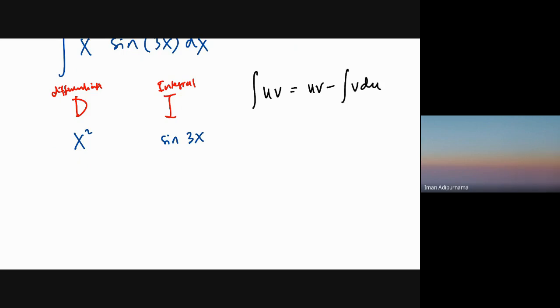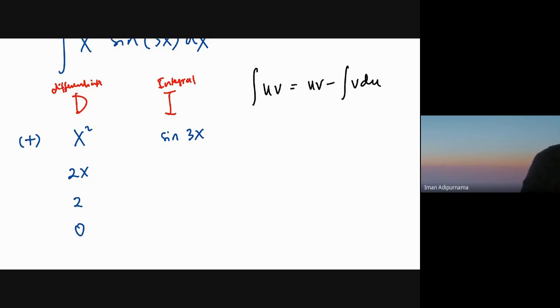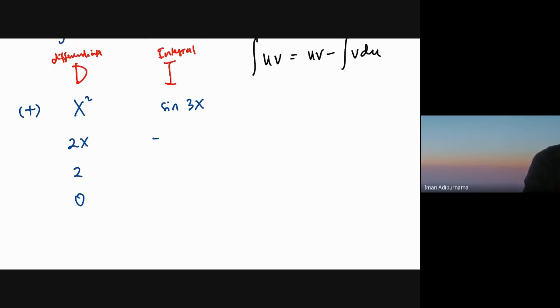Notice that you have plus and minus, right? So every time you differentiate and integrate, you need to multiply with positive or negative. Okay, so if we have this, write down the plus here. Take the derivative of x squared, 2x, and then 2, and then 0. We integrate sine 3x, it becomes minus cos 3x over 3.